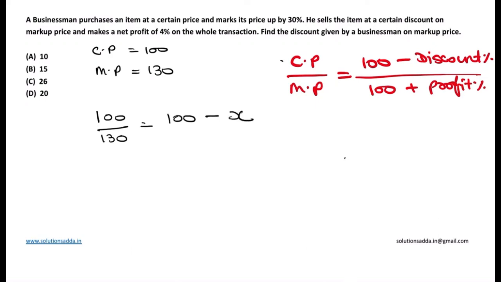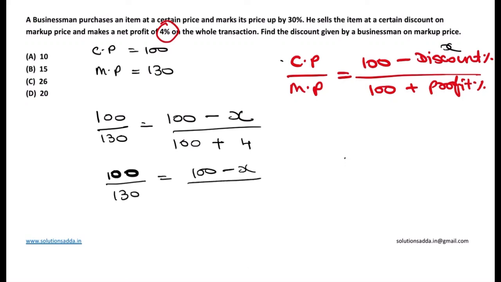So let us assume it as X, and 100 plus profit percentage is given as 4. It could be further reduced to 100 upon 130 equals 100 minus X upon 104.